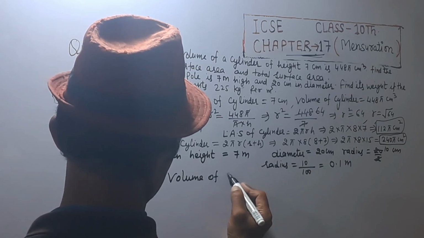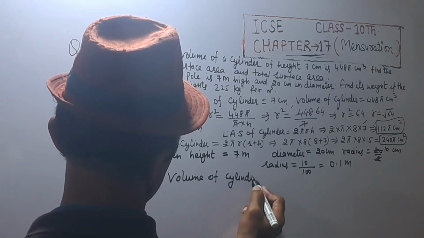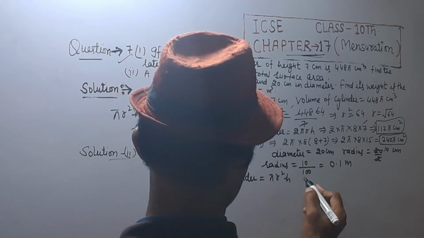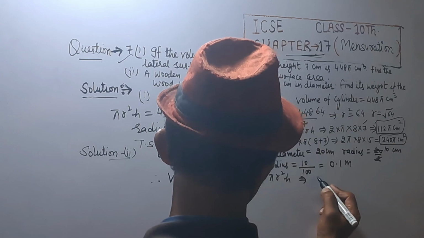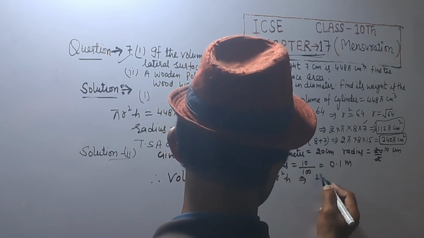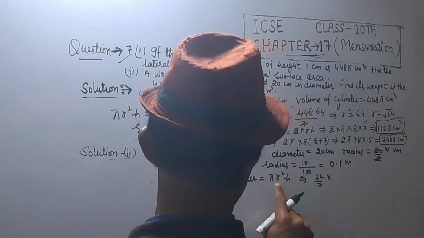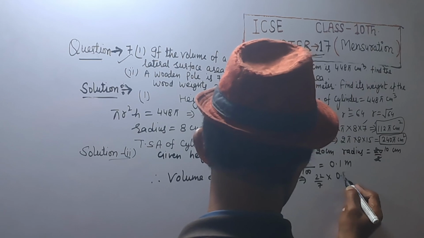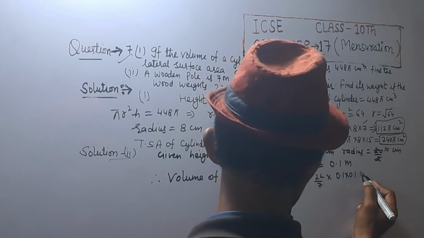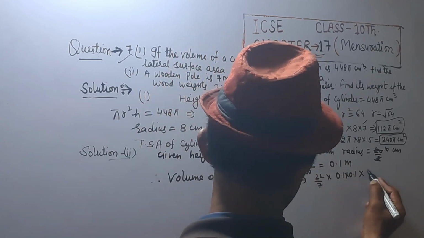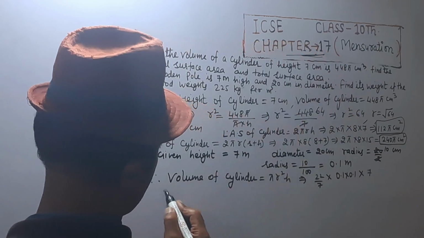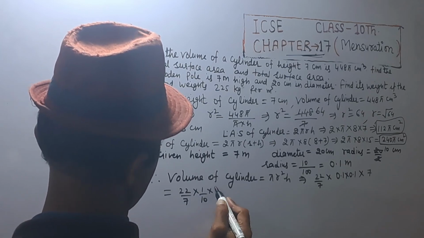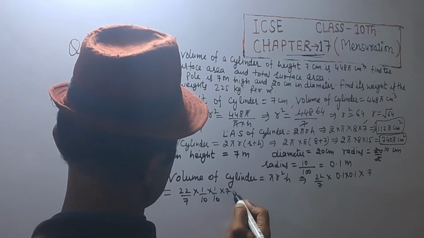Volume of cylinder is equal to pi r square h, which implies pi is 22 upon 7 into radius is 0.1 into 0.1 and height is 7, that is equal to 22 upon 7, 1 upon 10, 1 upon 10 into 7.